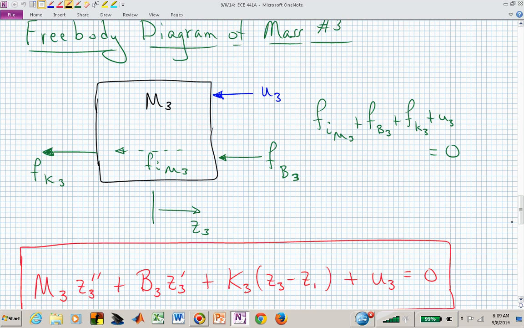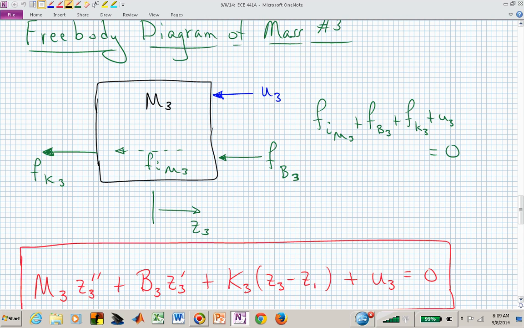Free body diagram number 3, for mass number 3, is a little bit more involved because it had spring 3, dash pot 3, and an externally applied force, u sub 3, going in the appropriate direction.